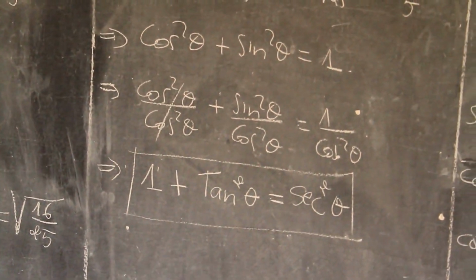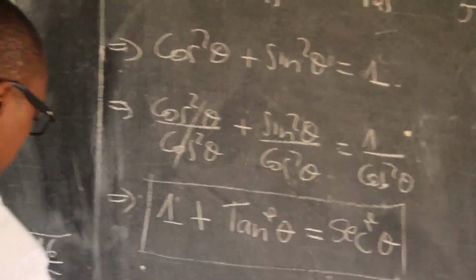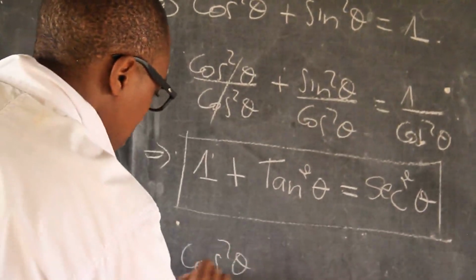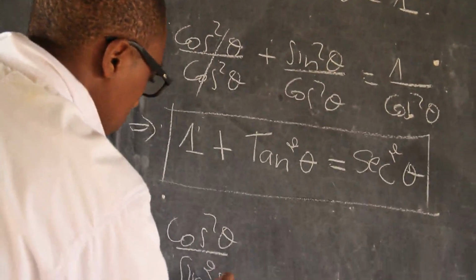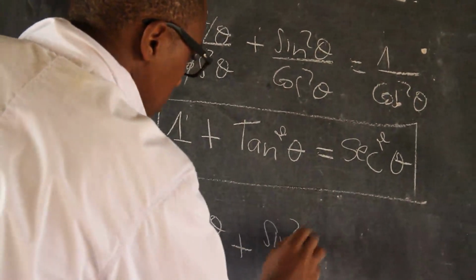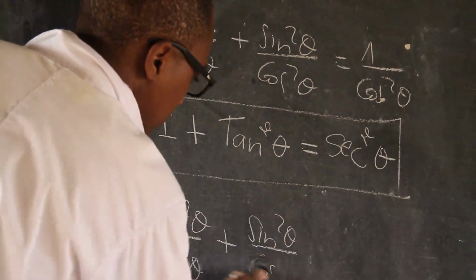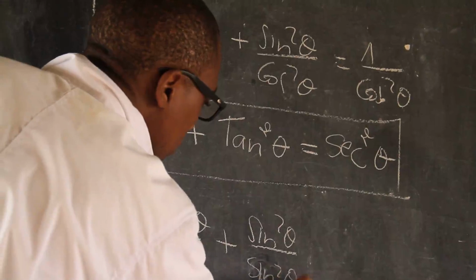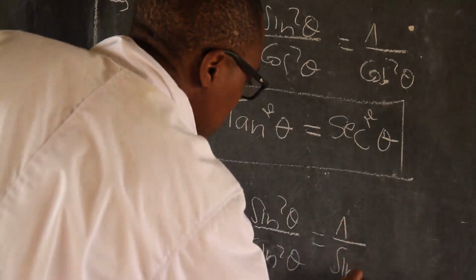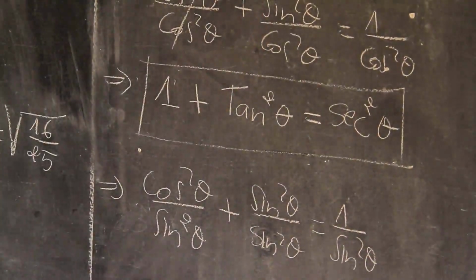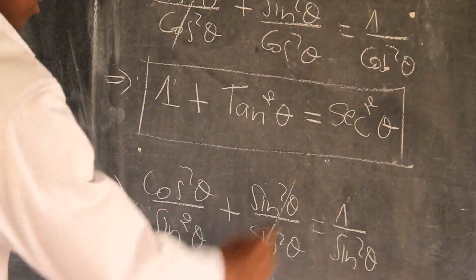So once I divide by sine squared here, what happens? Cos squared over sine squared plus sine squared over sine squared equals 1 over sine squared. So what happened? This one is 1.